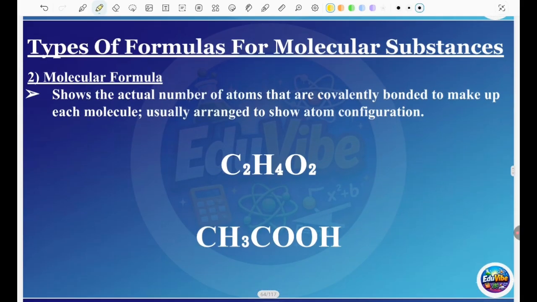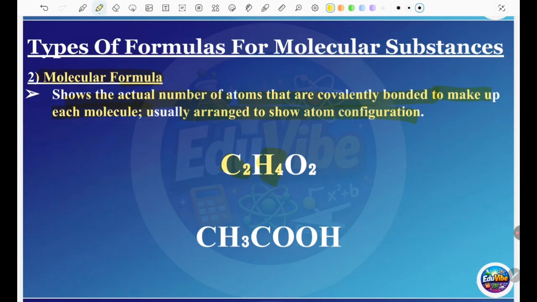Next, we have the molecular formula. The molecular formula is the most familiar one. It shows the actual number of atoms that are covalently bound to make up each molecule, usually arranged to show some atom configuration. So it shows how many carbons we have in the whole molecule. Like if we have two carbons, they put two C first.